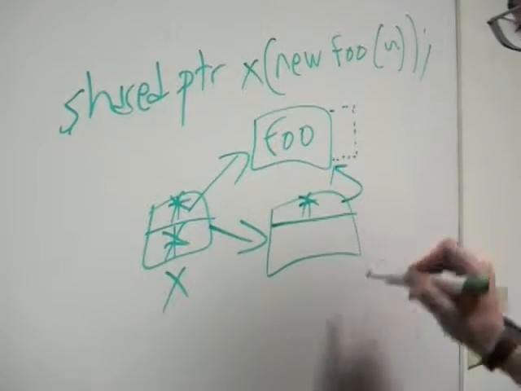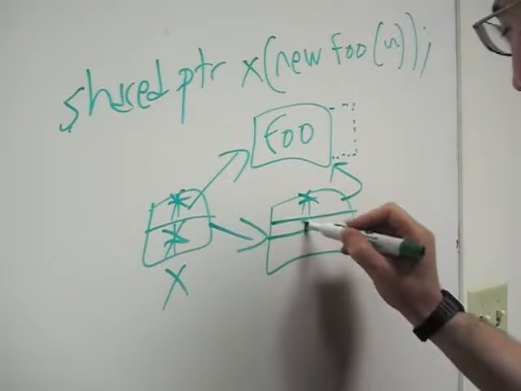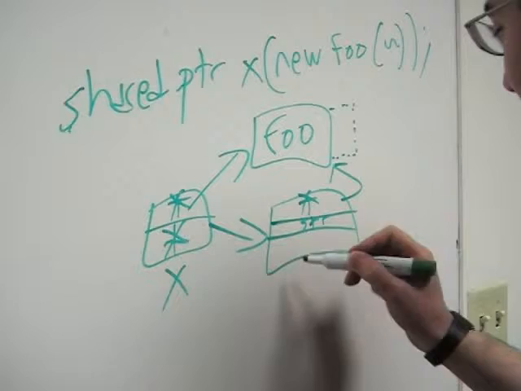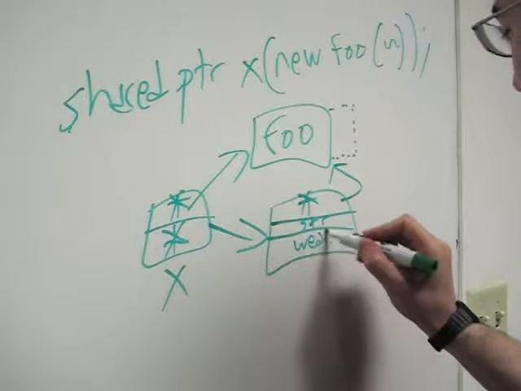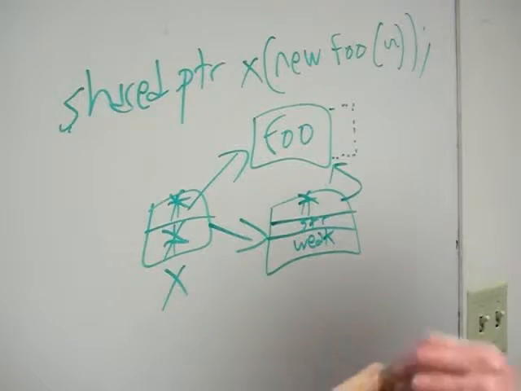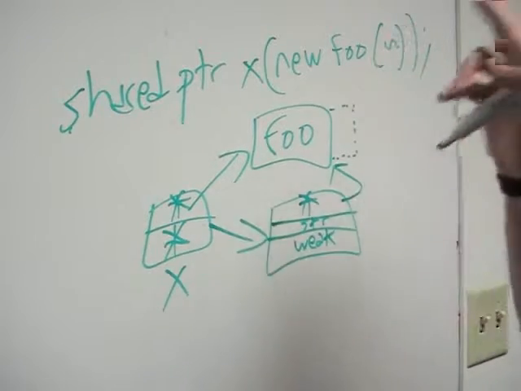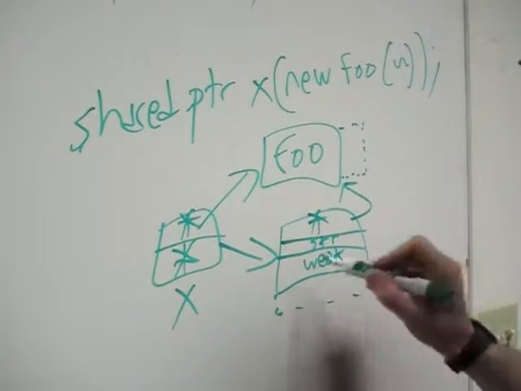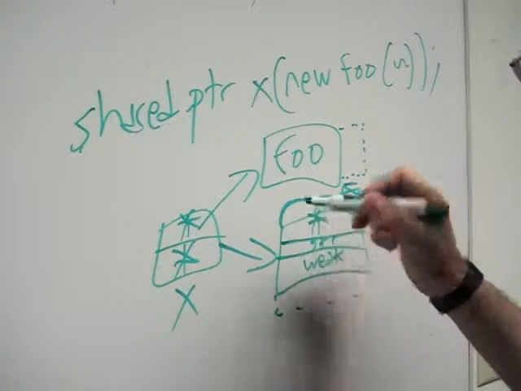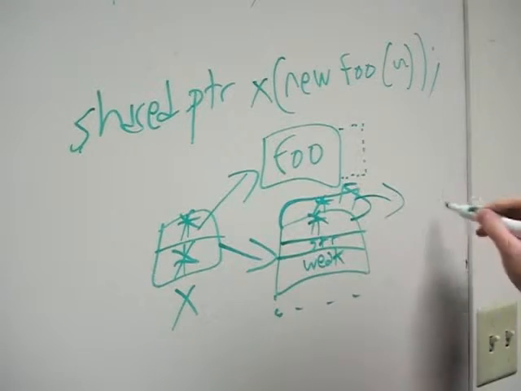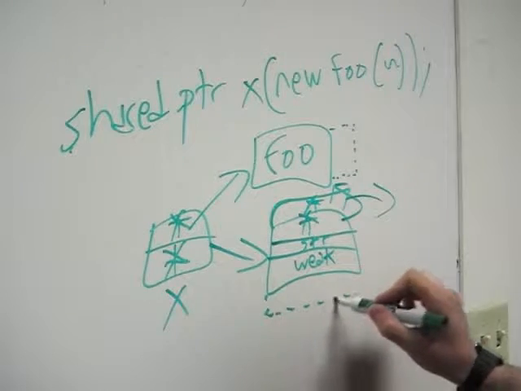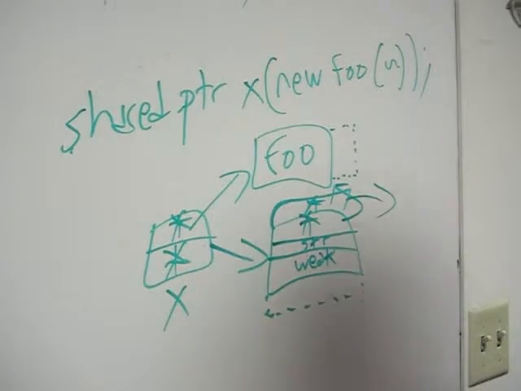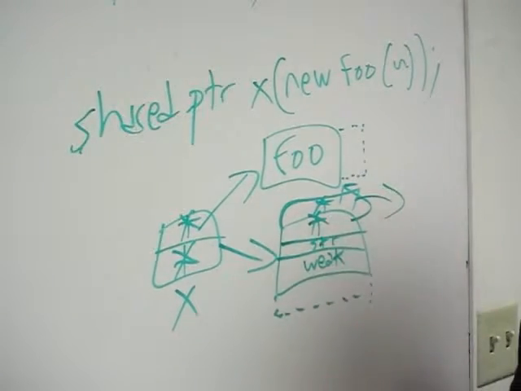It's got a pointer to the object itself. It's got a strong ref count. It's got a weak ref count, because you can have weak pointers that break cycles and can observe this object. And it also has a vtable pointer in here. That would be up here because we've got some virtual functions going on, and then some more allocator overhead. So great for usability, but we're paying a second dynamic memory allocation.